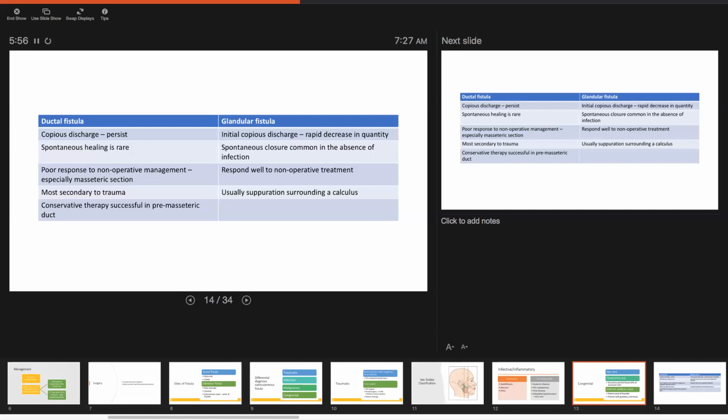Ductal fistulas have poor response to non-operative management, especially the masseteric section. Glandular usually respond well to non-operative therapy. Ductal is usually secondary to trauma. Glandular is usually secondary to suppuration after a calculus. And then conservative therapy is usually successful in the ductal type if it's in the pre-masseteric duct.